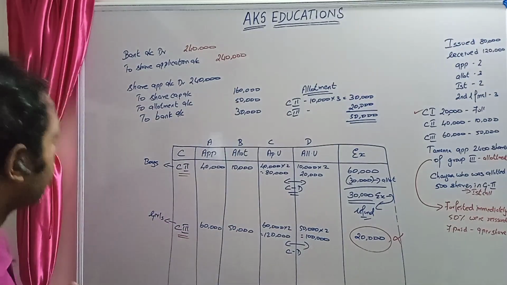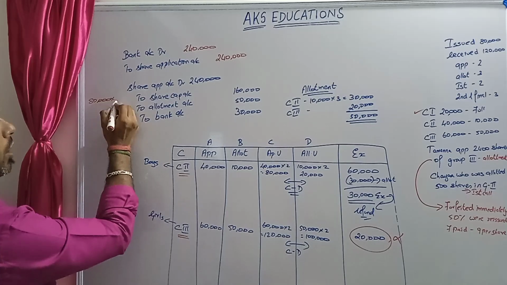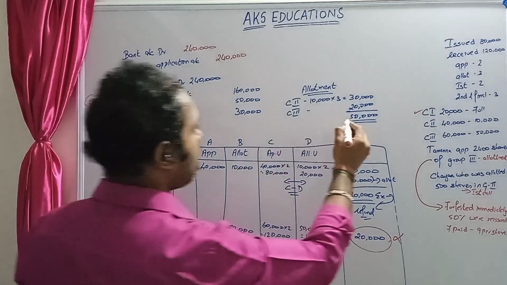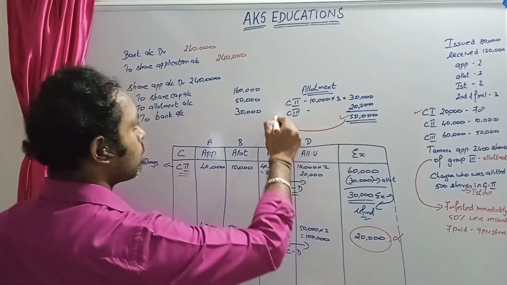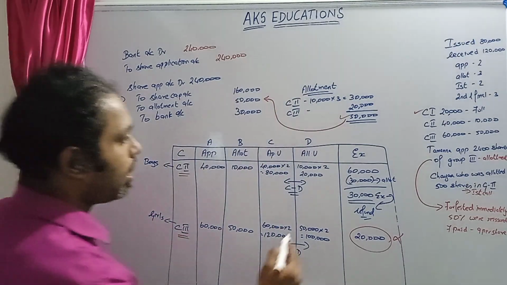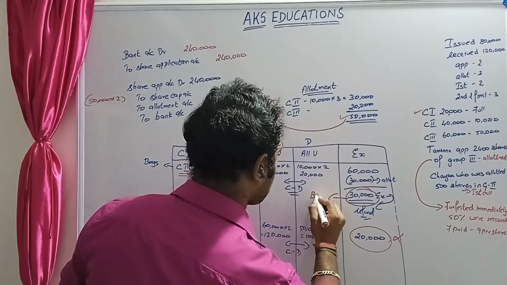So it is 80,000 into 3 for allotment. Obviously I'm taking this allotment money over here. So I'll just put an arrow also. So I'm just using this one for bank.